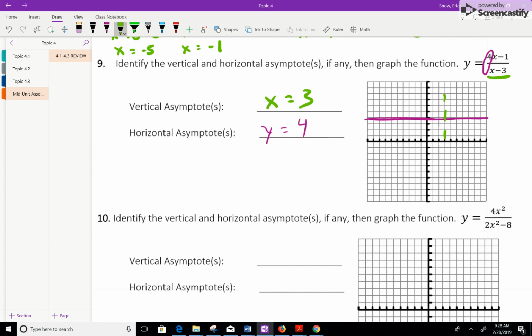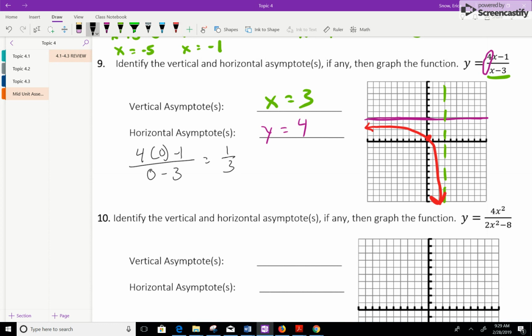Here's our vertical asymptote. Then to figure out where each part of the graph lies, if I plug in 0 for x, I get 4 times 0 minus 1 over 0 minus 3, which is positive 1/3. The positive 1/3 is still down here, well below our asymptote at 4.